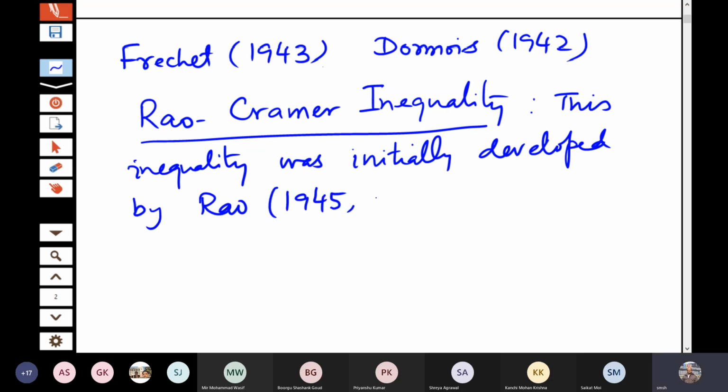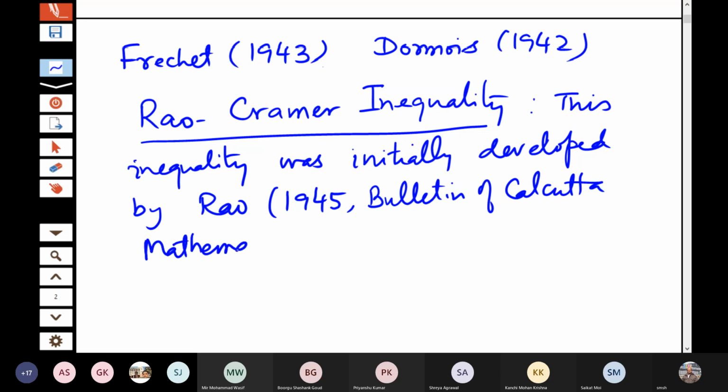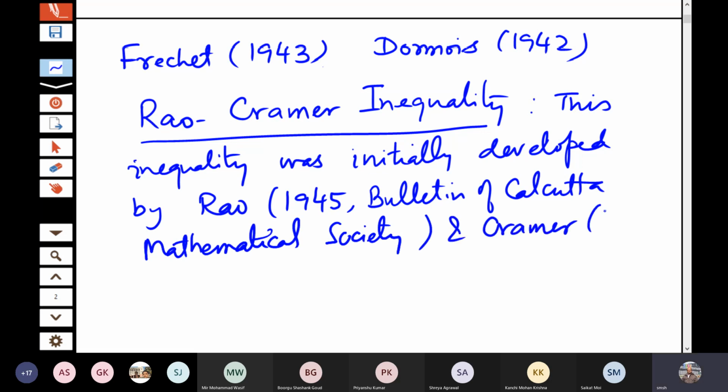Rao's paper was published in the Bulletin of Calcutta Mathematical Society, and Kramer in 1947. So the name has stuck as Rao-Kramer or Kramer-Rao inequality.